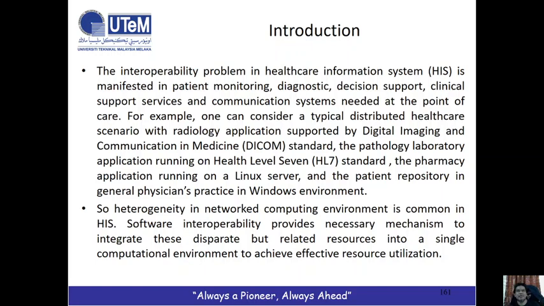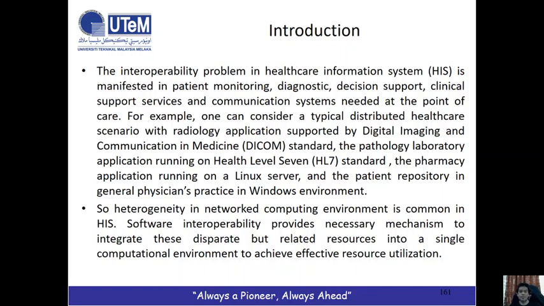Because in some hospitals, especially in the government, their budget is decentralized, so they can choose any application that they want. That's why they are not following the common standard. And then when you go to the patient repository in the general physician practice, for example, they use another computer technology.